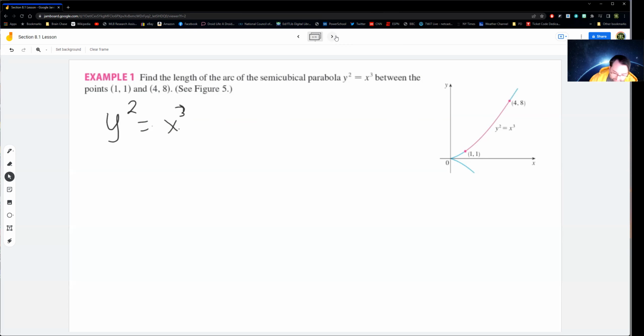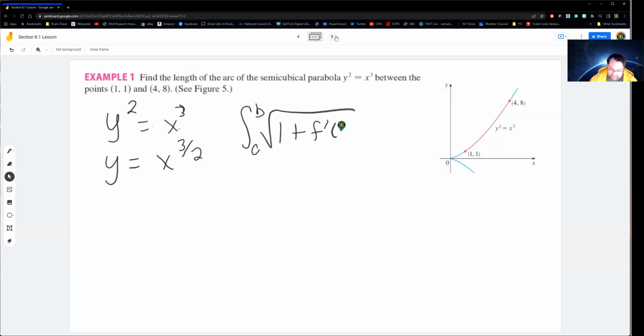We just take the square root of both sides, so y ends up equaling x to the 3/2 power. Now remember the formula: the integral from a to b of the square root of 1 plus the derivative squared, dx.